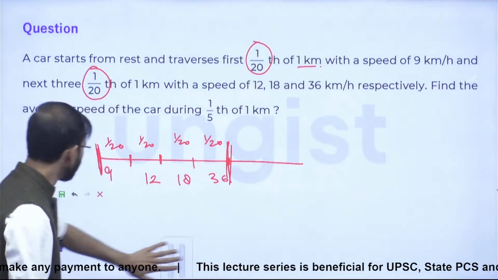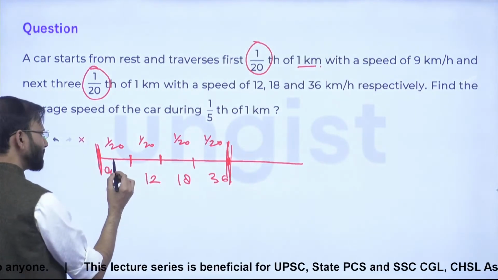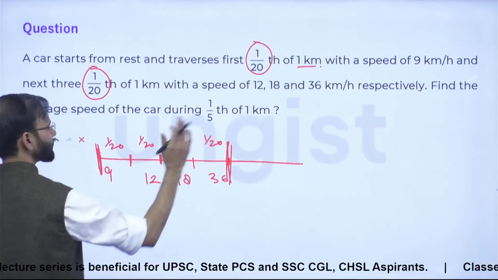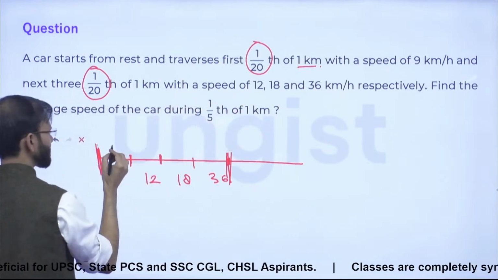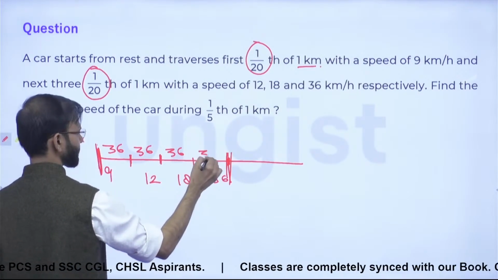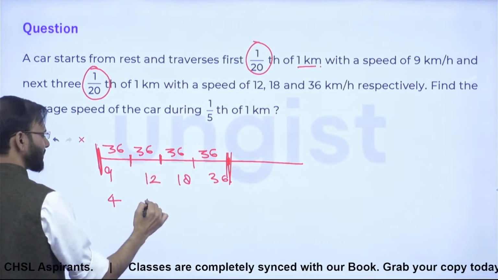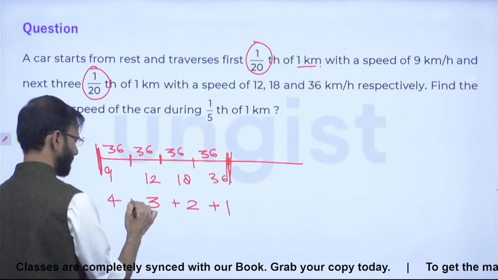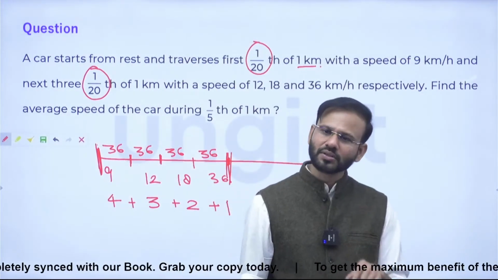So here, just assume the LCM of 9, 12, 18 and 36. What is the LCM, friends? The LCM is 36. Here this is 4, here this is 3, here this is 2, here this is 1. Actually what I'm trying to say is we have ignored the 1 kilometer.